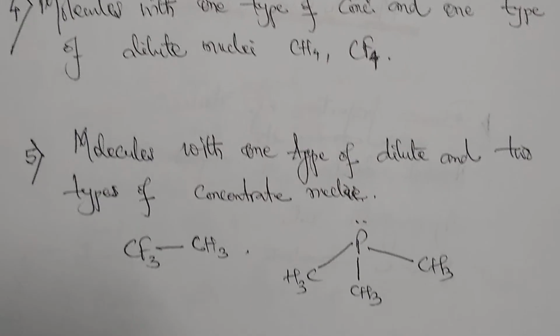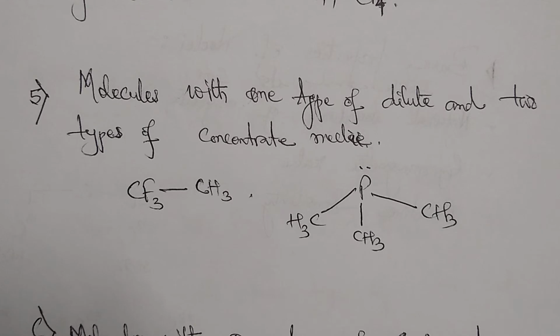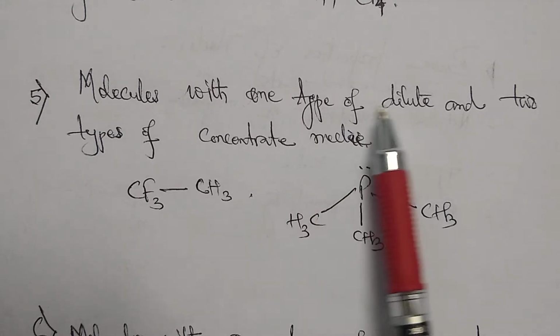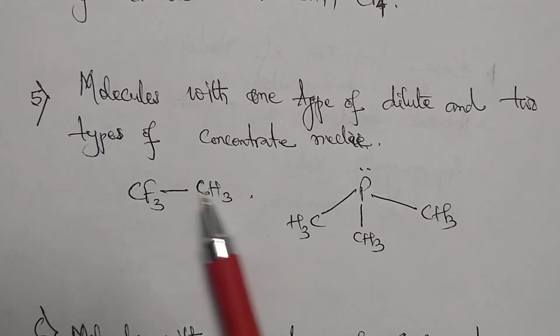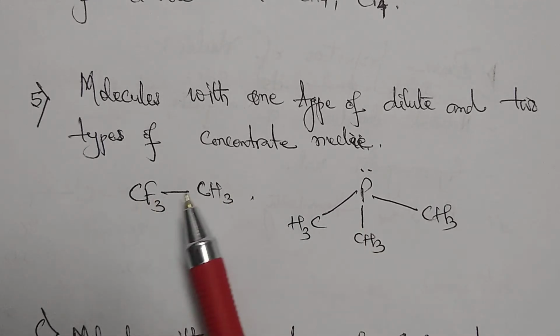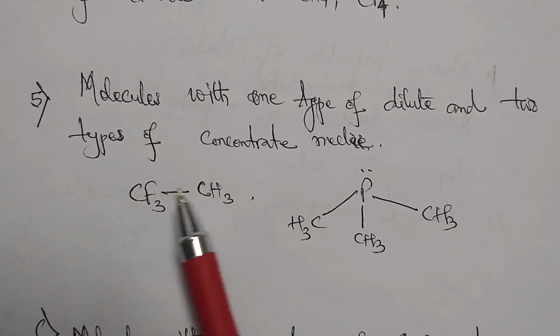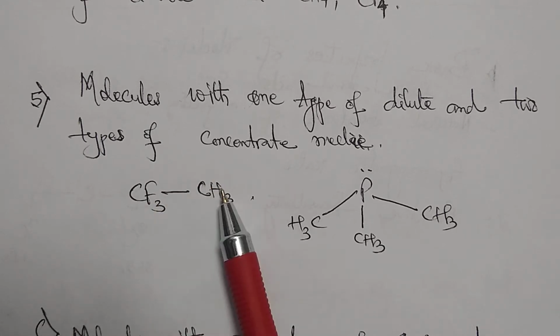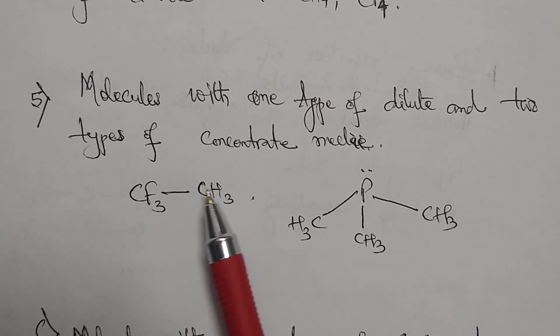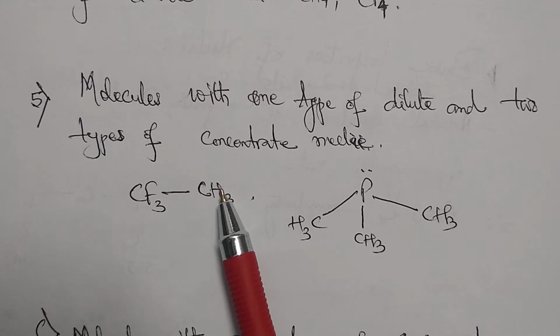Now coming to the fifth category of molecules, we have one type of dilute and two types of concentrate nuclei. Like here in this example we have carbon, 13C, which is a dilute nucleus, but fluorine and proton, two types of nuclei, are concentrate.